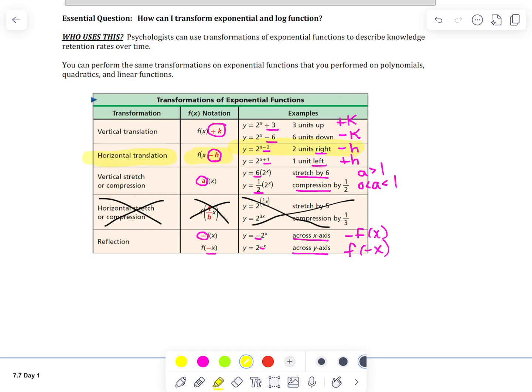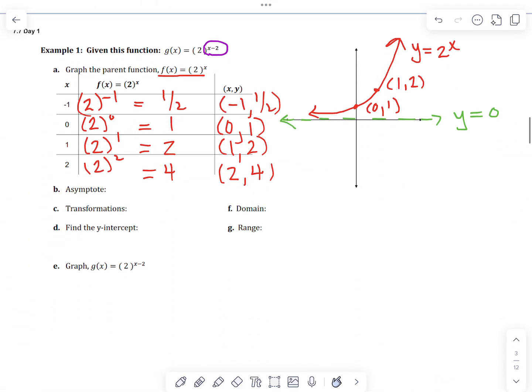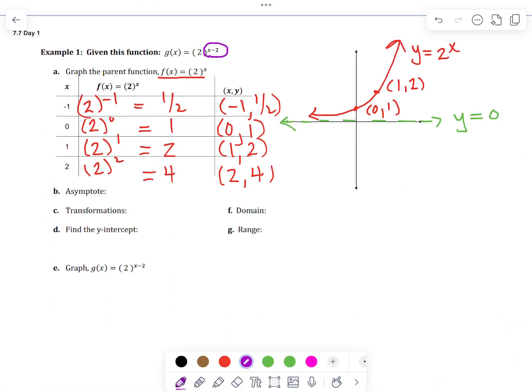So it's going to move that graph 2 units to the right because it's a minus 2. So the transformation is right 2.